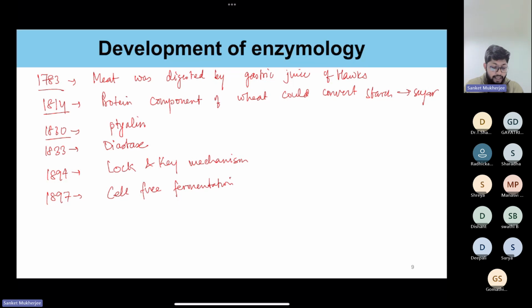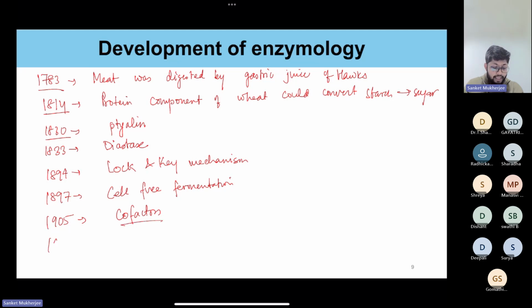Then in 1905, we discovered cofactors. These cofactors are basically metals which are very important, like magnesium, manganese, even calcium in some cases. These are very important for the enzyme's function. If they are not present, the enzyme does not function.